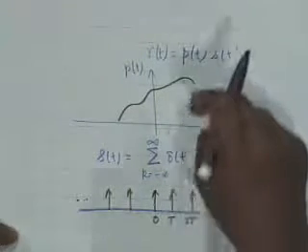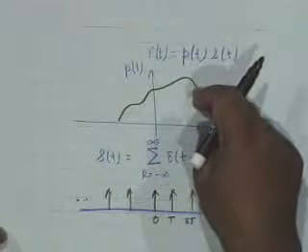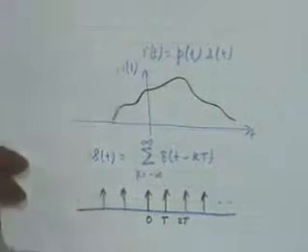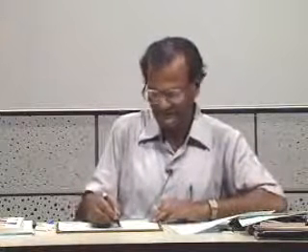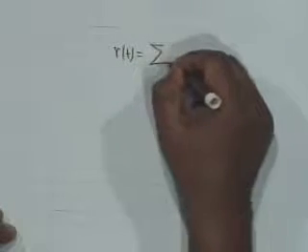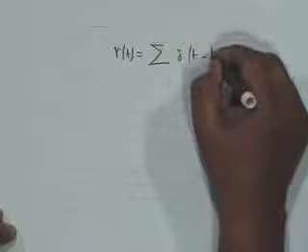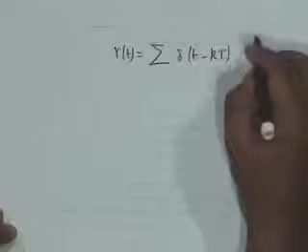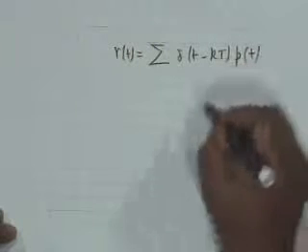Now, if I multiply this function by the delta function, well, what actually happens is the following. R of t is equal to summation delta t minus kT multiplied by P of t.